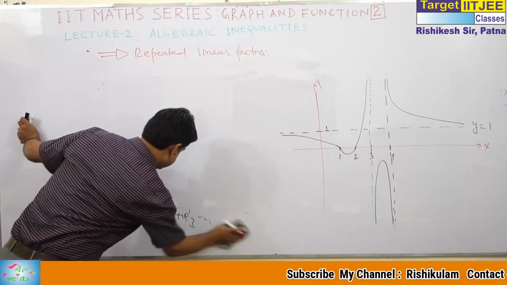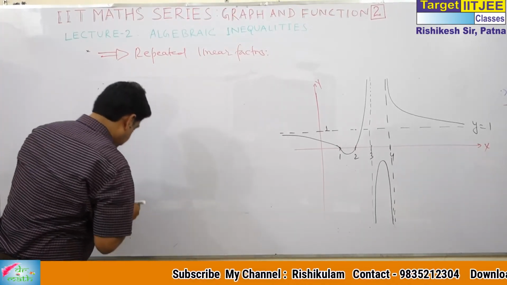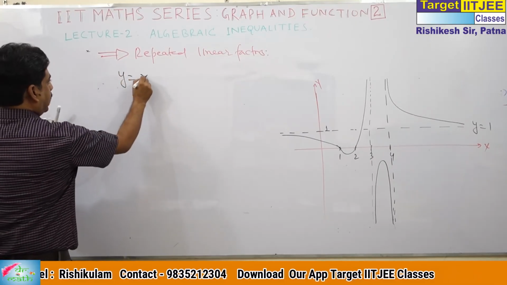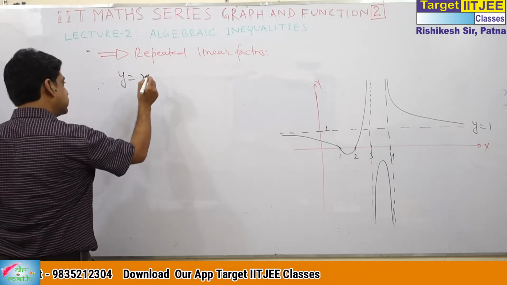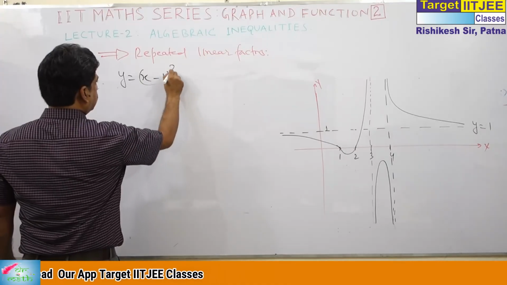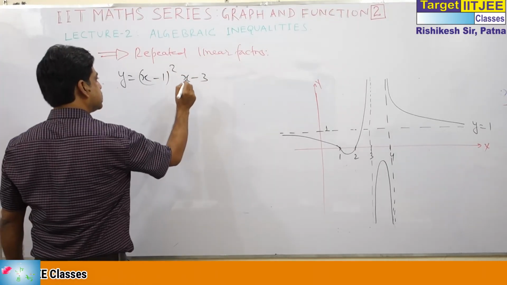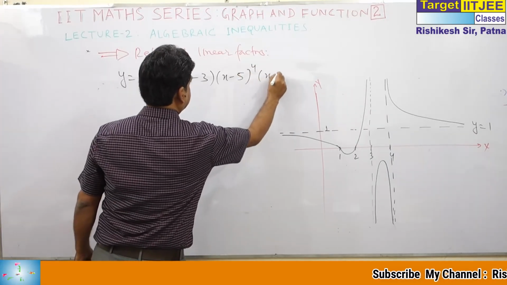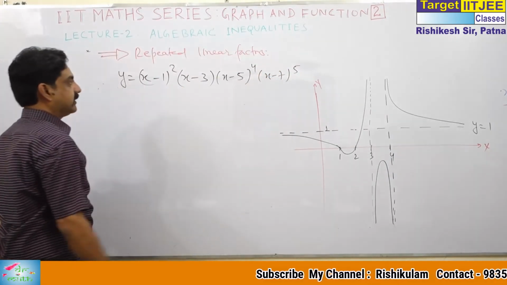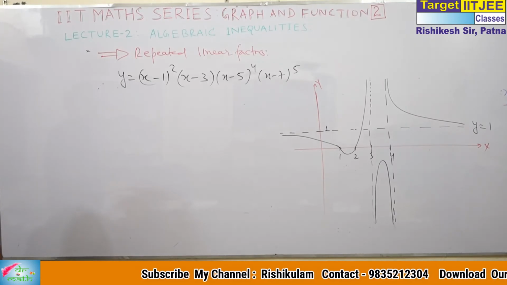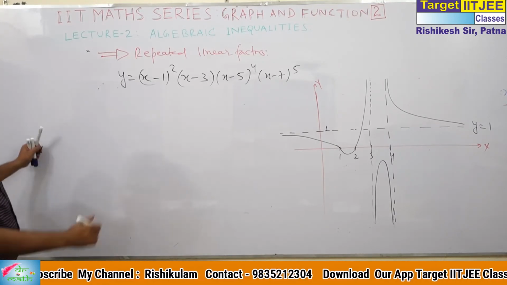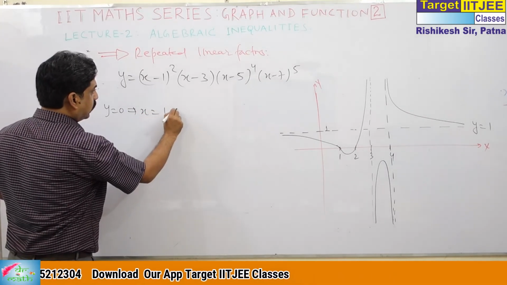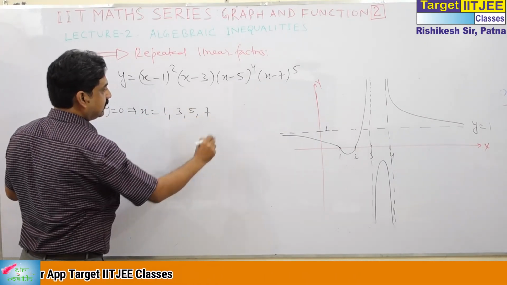Suppose this is a graph: y is equal to (x minus 1) squared, (x minus 3), (x minus 5) to the power 4, (x minus 7) to the power 5. Factors are repeated, and we have to draw the sign scheme. What do you need? y is equal to 0 implies x is 1, 3, 5, 7.